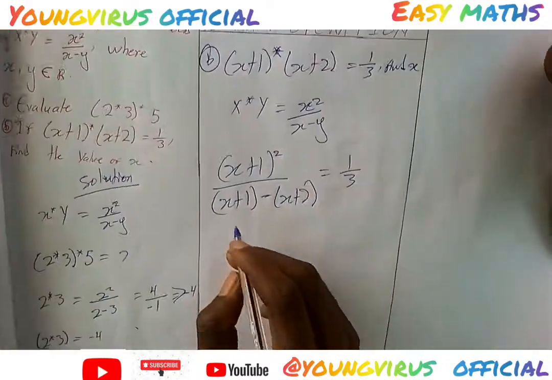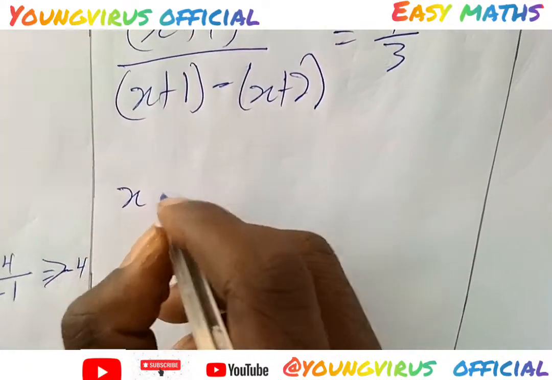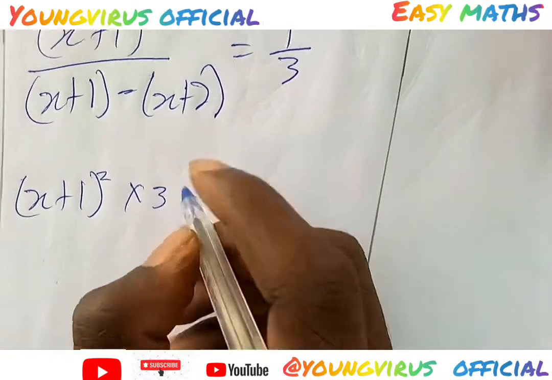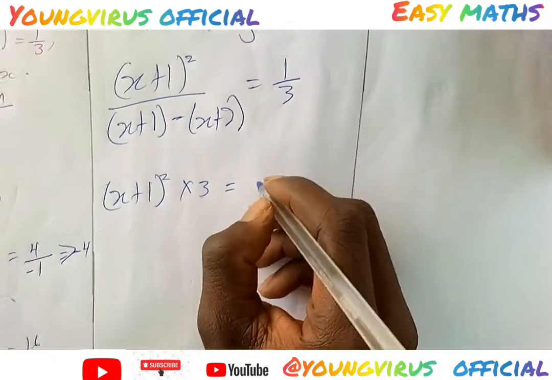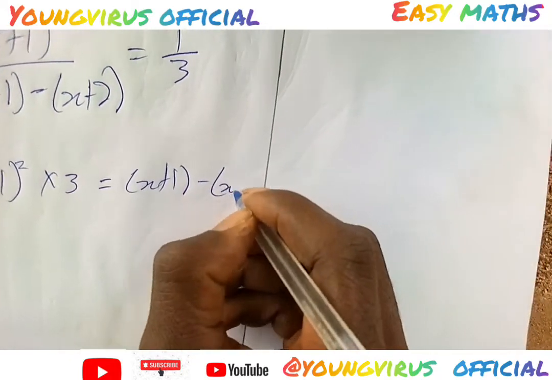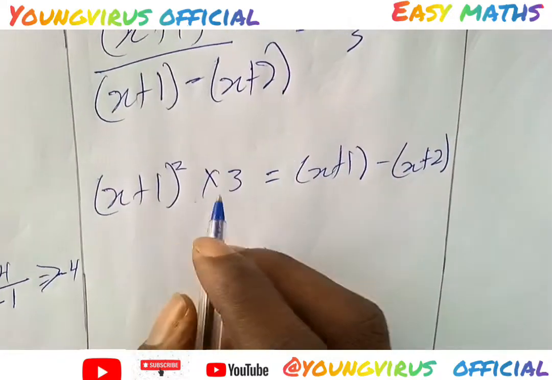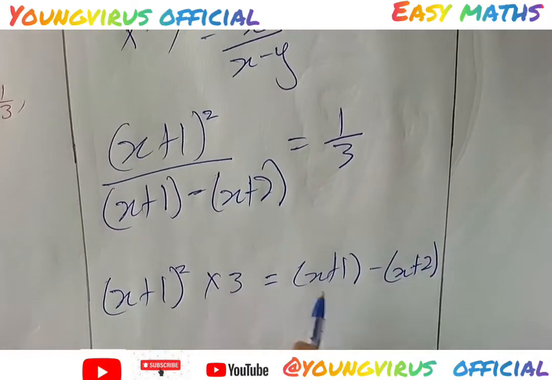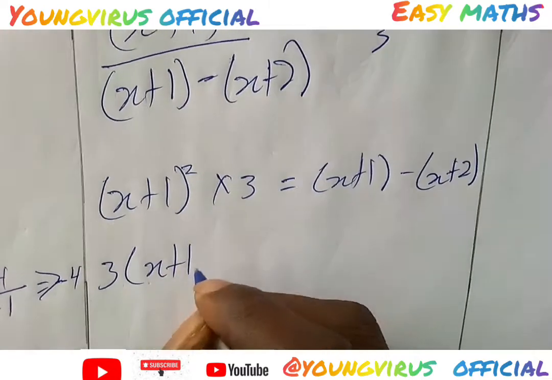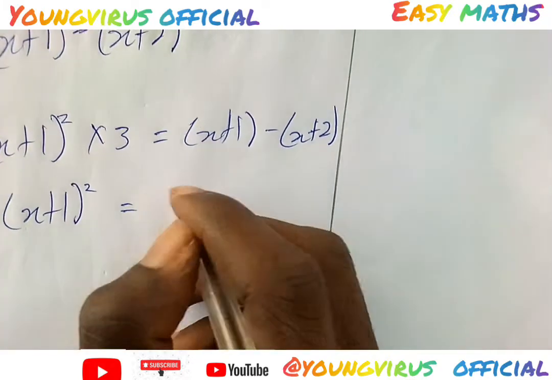Now moving on, we cross multiply. We have (x plus 1) all squared times 3 will be equal to (x plus 1) minus (x plus 2). So we will now deal with the power. We will multiply. So we have 3 of (x plus 1) all squared is equal to this.